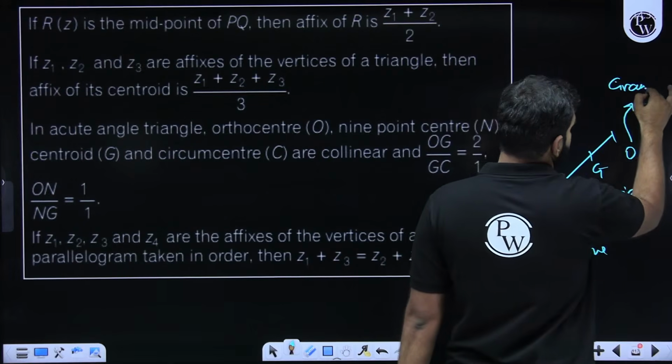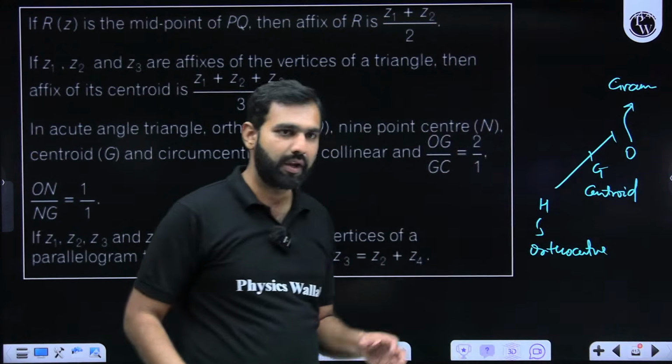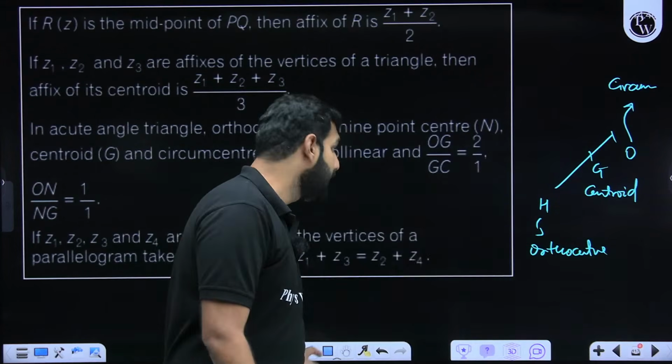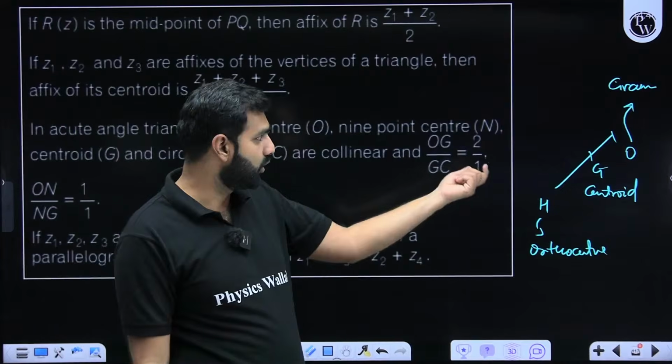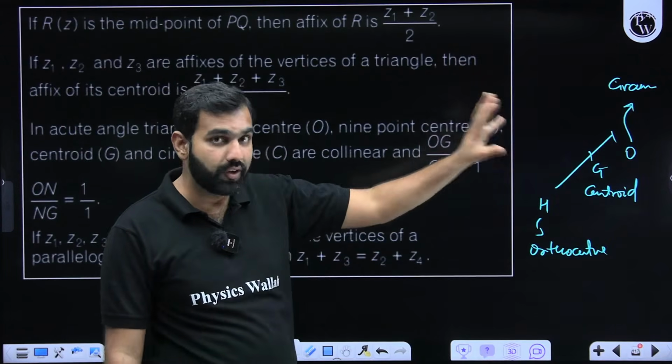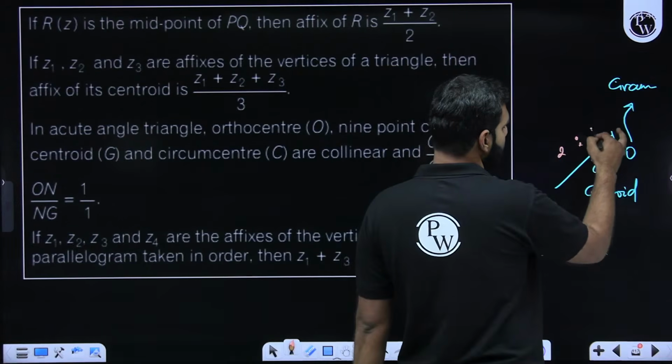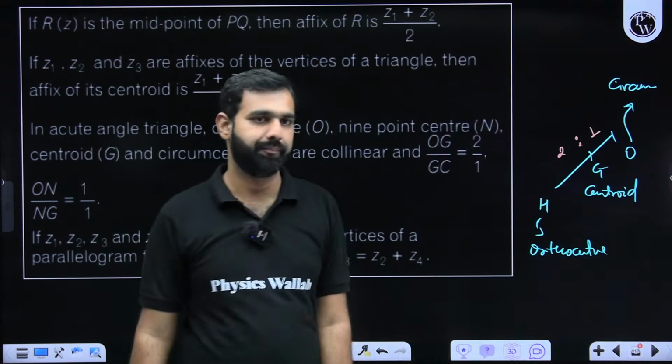This is true for any triangle. Of course, if it is an equilateral triangle, they'll all coincide. But if it is any random triangle, then H, G, and O, the orthocenter, centroid, and circumcenter, are collinear for any triangle. They lie on the same line. And the centroid divides the orthocenter and the circumcenter in the ratio 2:1.